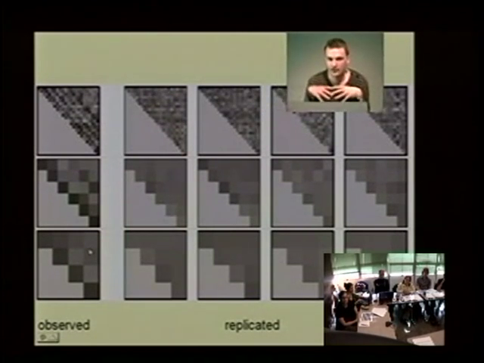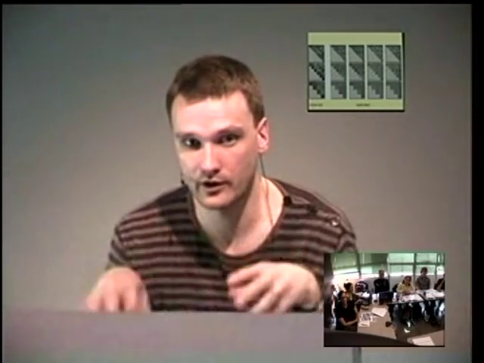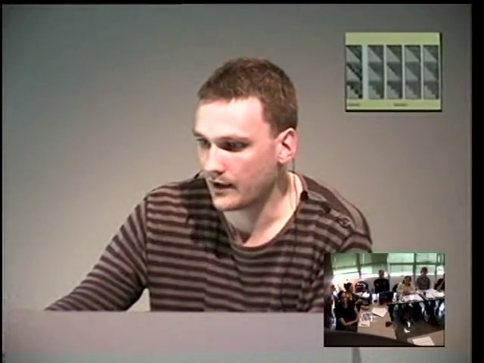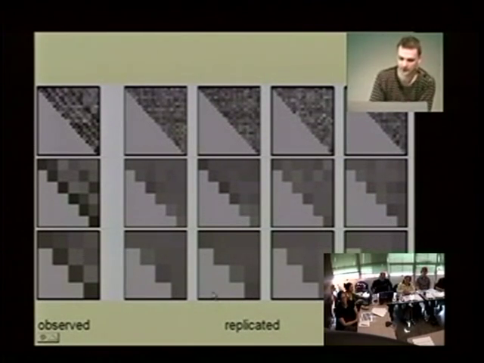Which means that the average association between items belonging to the same situation is larger than the average association between items belonging to different situations. Also, that fact is not captured by the Rasch model, because if you compare the observed grayscale matrix to the replicated ones, the replicated ones do not have that clear, darker diagonal structure.